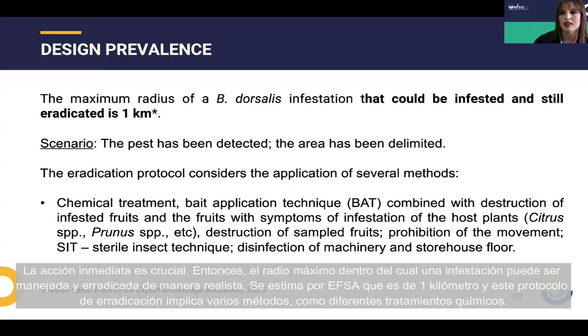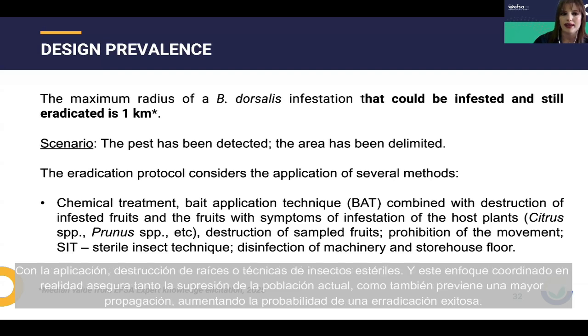This eradication protocol involves several methods such as different chemical treatments, bait application, destruction of roots, or sterile insect techniques. This coordinated approach ensures both the suppression of the current population, but also prevents further spread, increasing the likelihood of successful eradication.